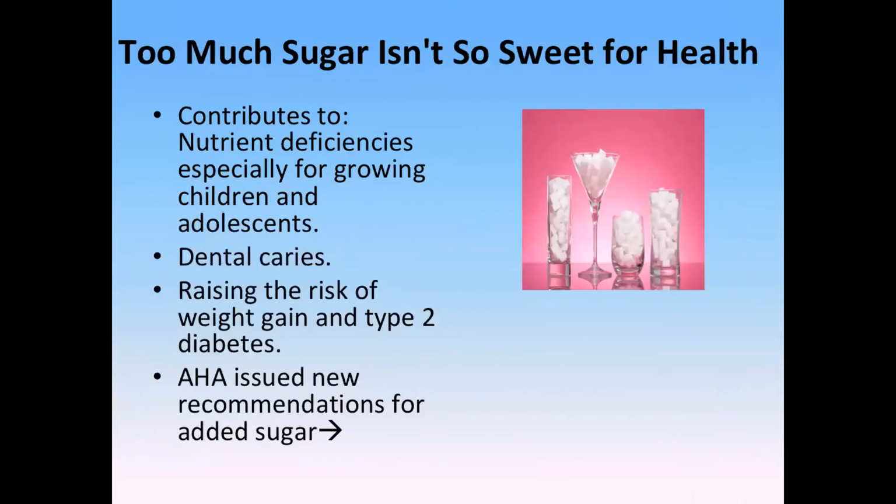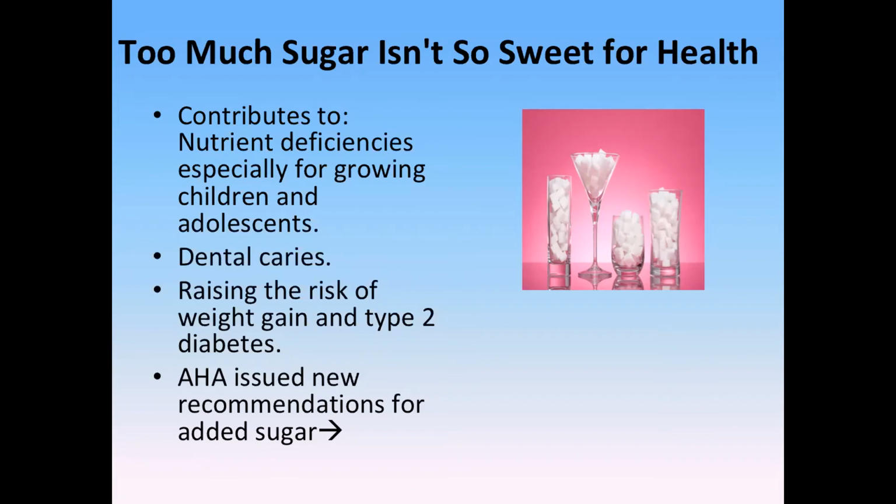So too much sugar isn't so sweet for health because it can contribute to nutrient deficiencies, especially for growing children and adolescents. They have limited appetite and limited stomach size. So when they are given sweets, they will not be able to eat the healthy food they should eat.